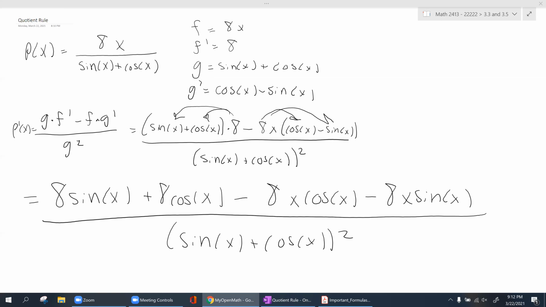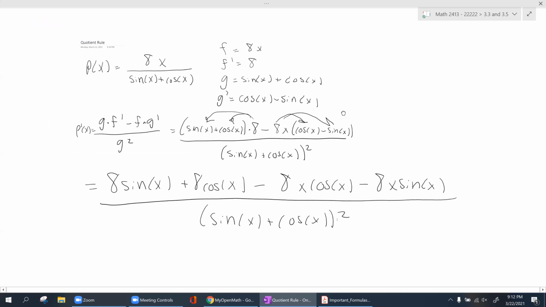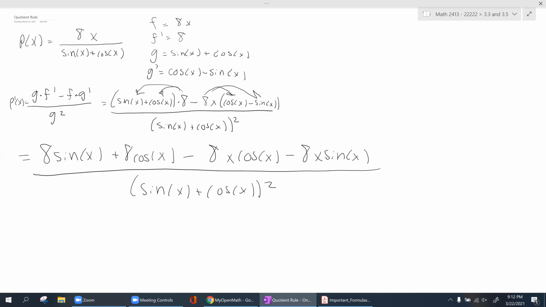There's a lot of things you can do here. You can simplify this even further, but you would leave it like this.